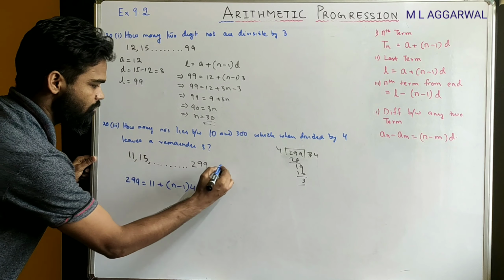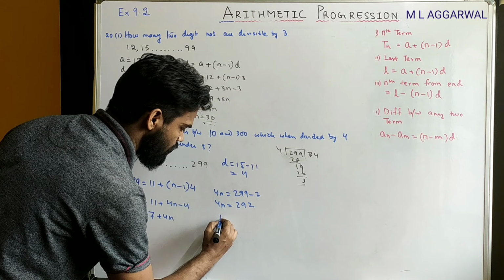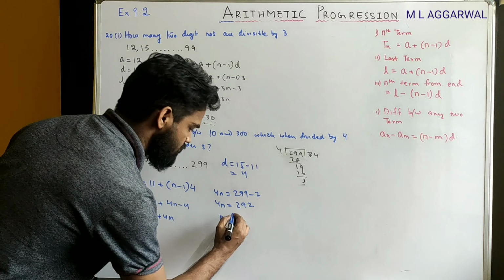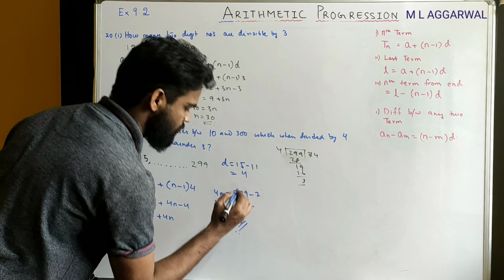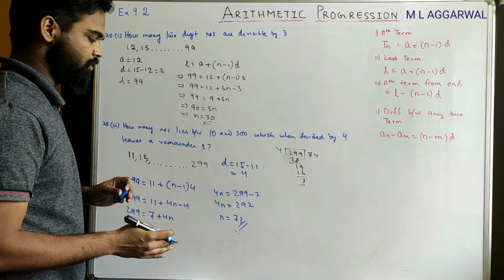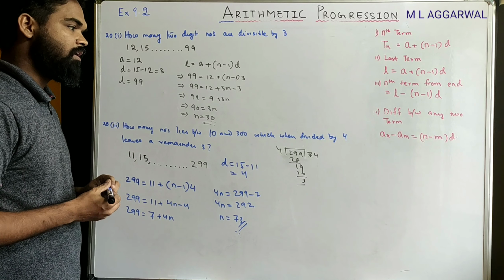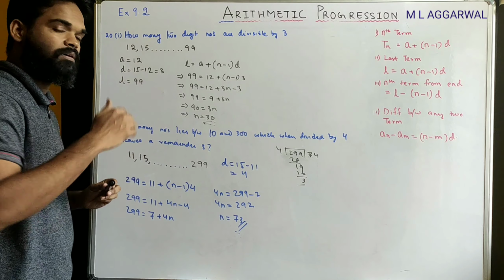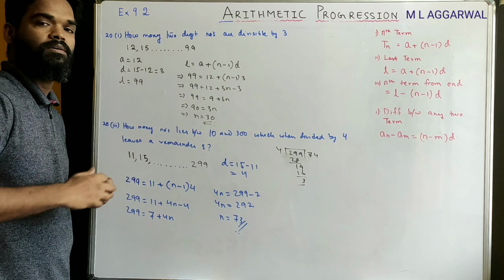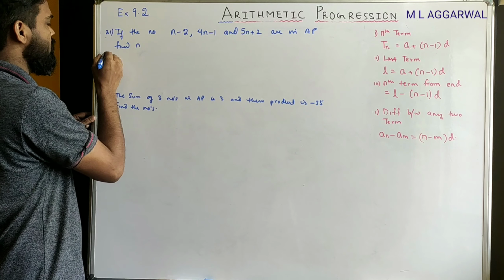So 299 equals to 11 minus 4 is 7 plus 4n, which means 4n equals to 299 minus 7. 4n equals to 292, or n equals to 73. So there will be 73 numbers between 10 and 300, which when divided by 4 leaves the remainder 3. Now let us look at the next sum. Now look at sum number 21, very interesting.